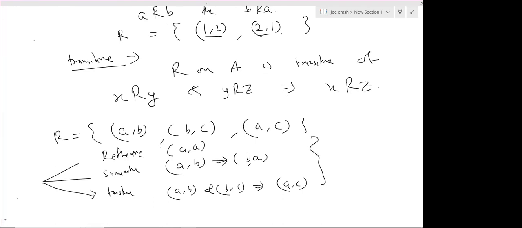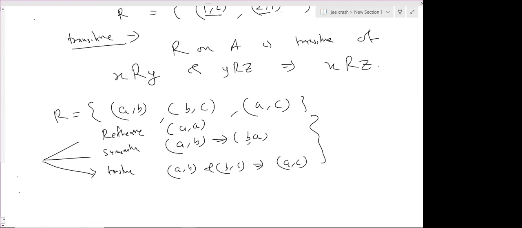Please write down these three lines, very important. And when all these three are true, this is called an equivalence relation.